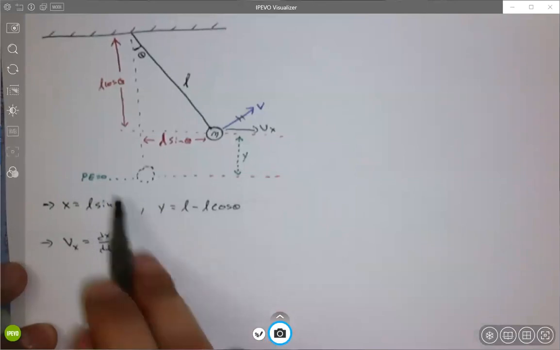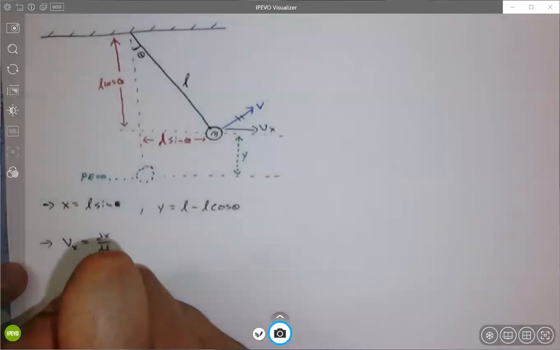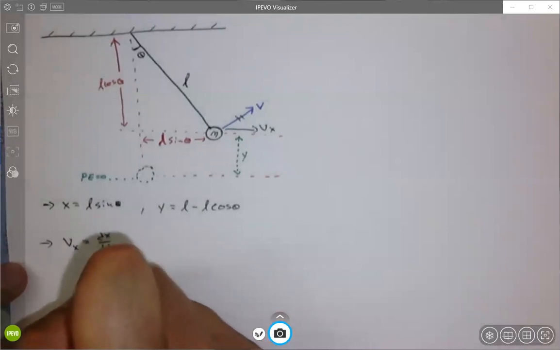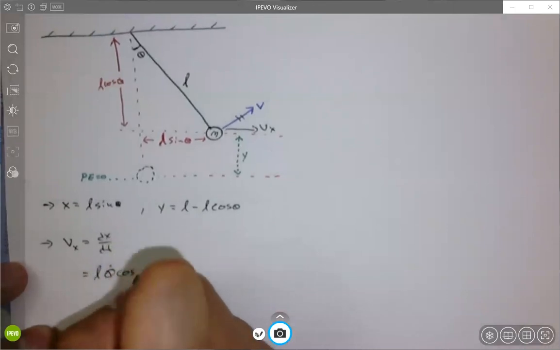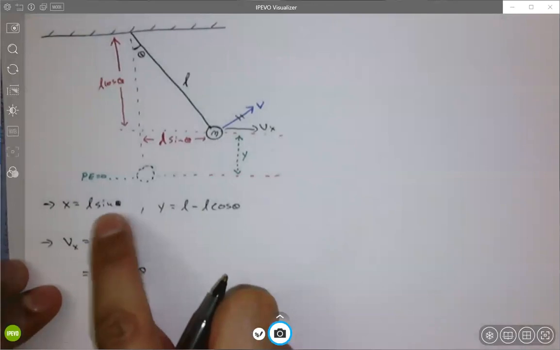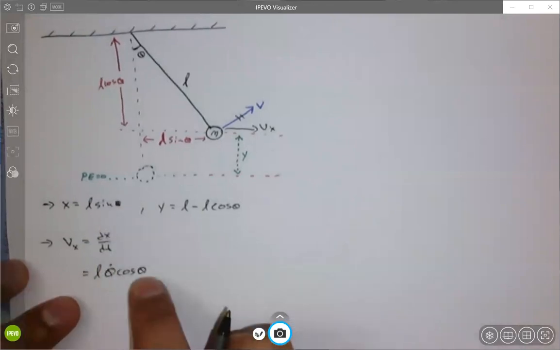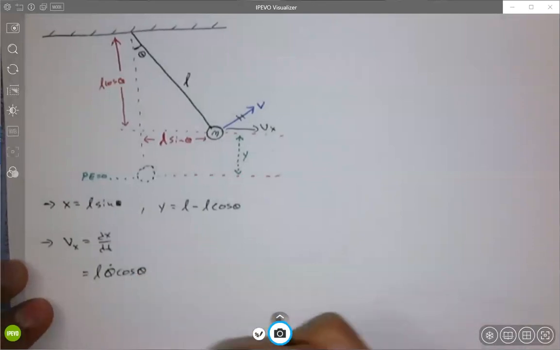If we take the derivative of L sine theta, it's going to equal L theta dot cosine theta. Because this is implicitly done, you have to take it with respect to time. It becomes cosine, but you also need to multiply it by the derivative of the inside, which is theta dot.